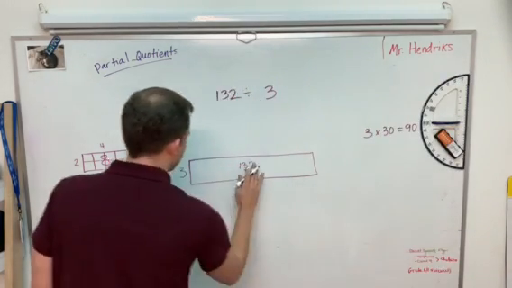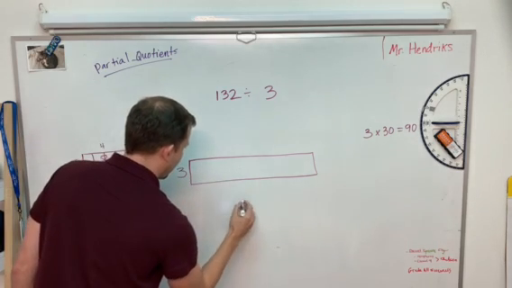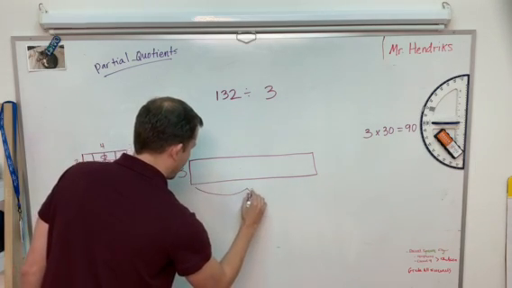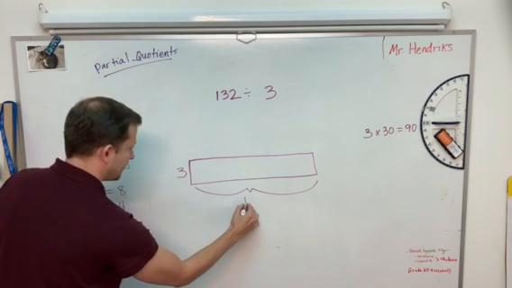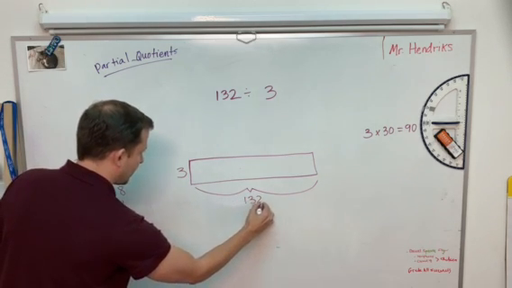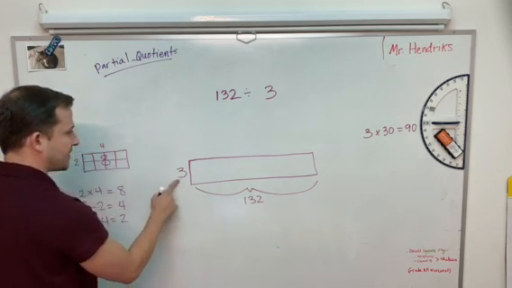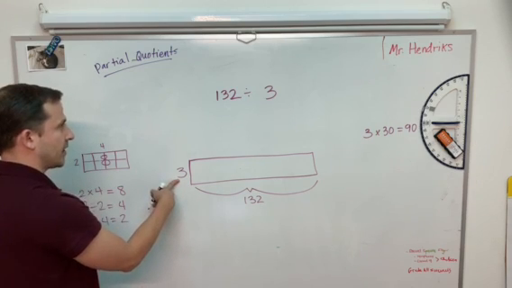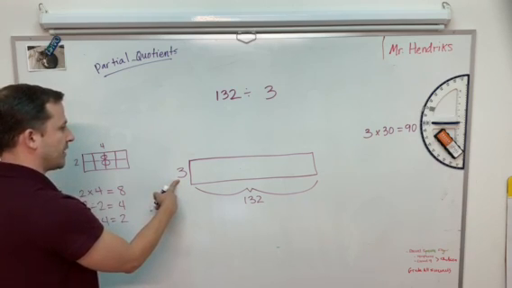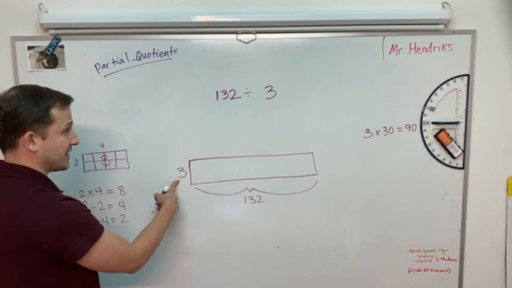I'm going to erase this one, and we'll just keep a reminder down here that the whole thing, our dividend, is 132. Remember, our divisor is 3, and our quotient is what we're going to find by finding these partial quotients.